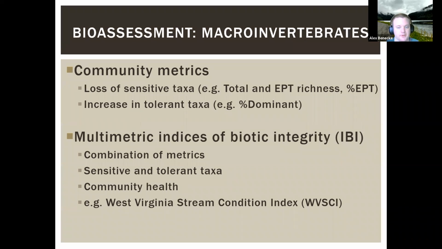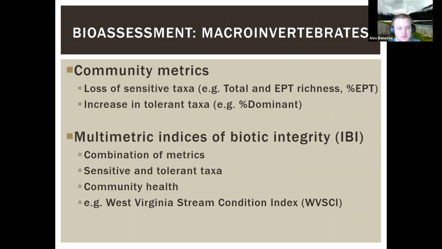And if they're increased, it's just kind of like the flip of this coin, right? So it says percent dominant. A lot of times you look at the top 2 dominant, and what the percentage of them are to the overall sample, how much of the overall sample they make up.